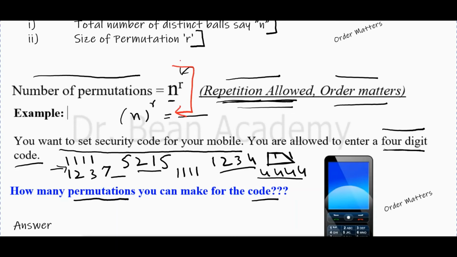Repetition is allowed. Secondly, if it is a permutation or not. To determine that, you are familiar with your numbering system. So you know that if I set a code 2112, then it doesn't matter. But if I set a code 1234, can I open your mobile phone if I enter a code 4321?